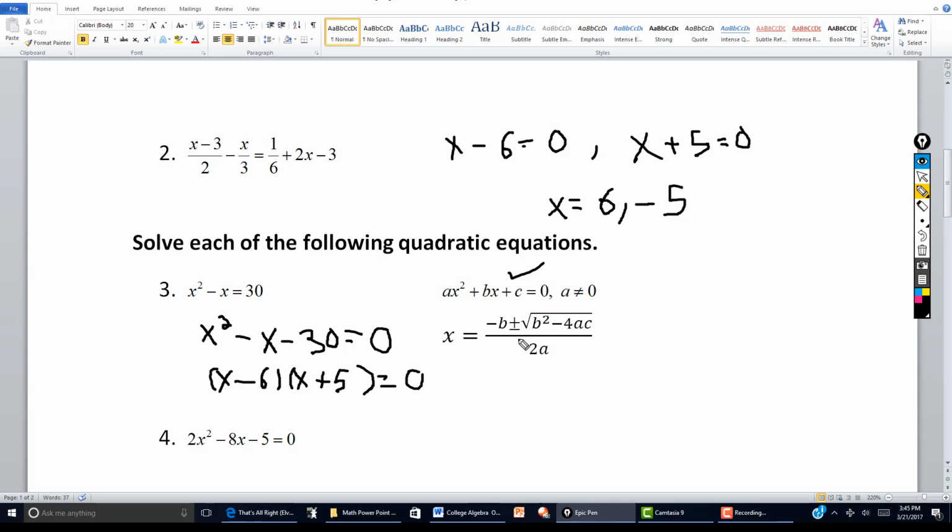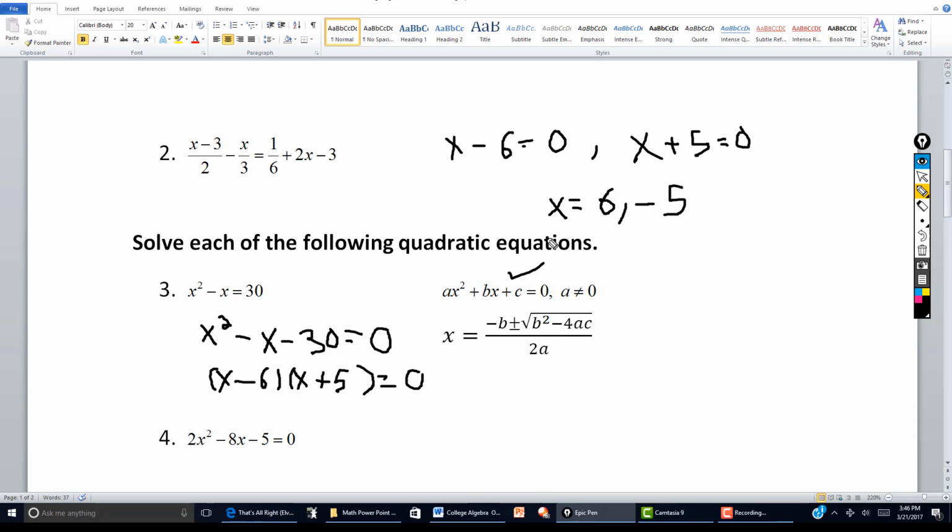Now, if it turns out that b squared minus 4ac is positive, then you're going to have two real solutions. Now, what type of real solutions are they going to be? You could have rational, or you can have irrational. Basically, we think of the irrational ones as the ones that have radicals.